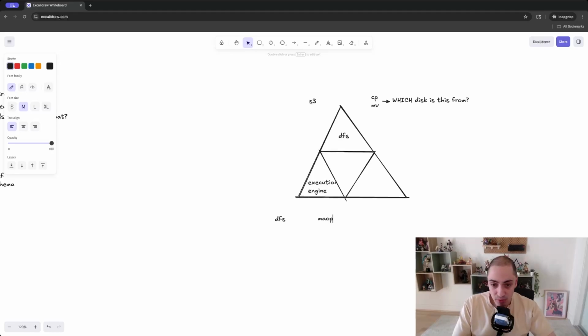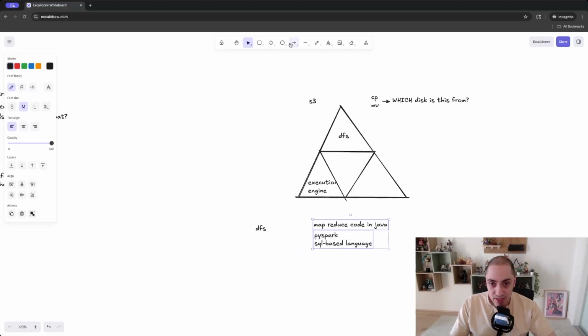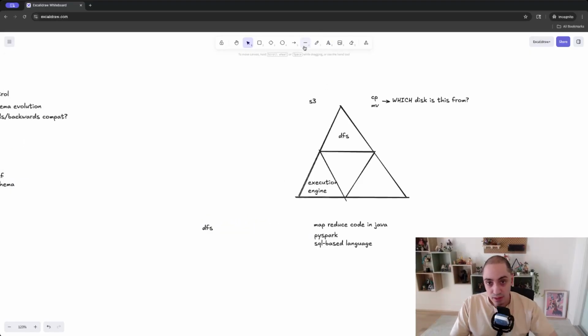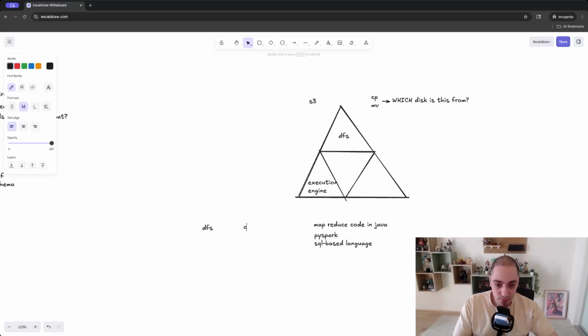So you would write, for example, MapReduce code in Java or something like that. In the modern example, it's SQL. It could be PySpark. It could be some sort of SQL-based language here, something like that. But what'll happen is that will get converted into calls to the DFS.